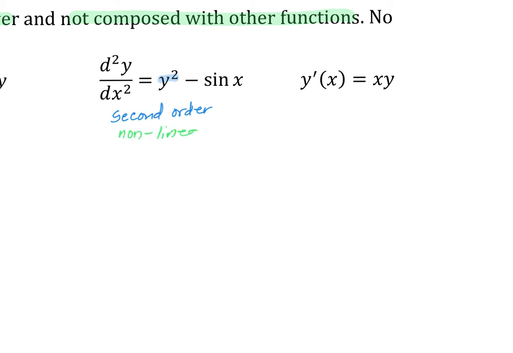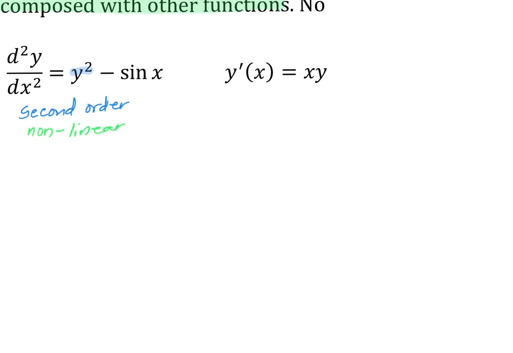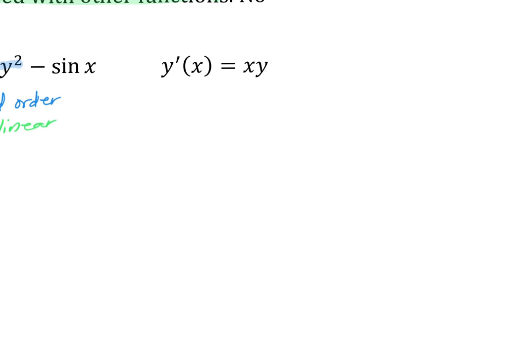All right. Last one. This is first order. The highest derivative is a first derivative. And it may look nonlinear because you see the x times the y. This is actually linear.